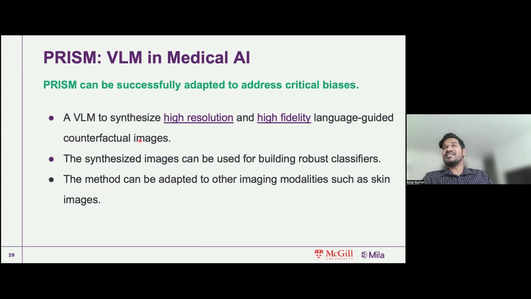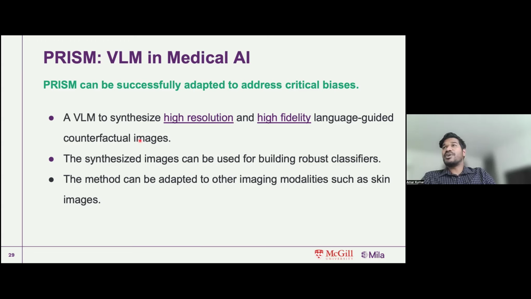So in summary, this approach was successfully adapted to address critical biases, because these confounding variables or these extra medical devices that we see actually create biases in the downstream diagnosis of several of these tasks. This VLM was able to create high resolution and high fidelity images.